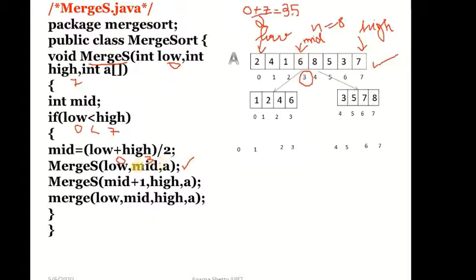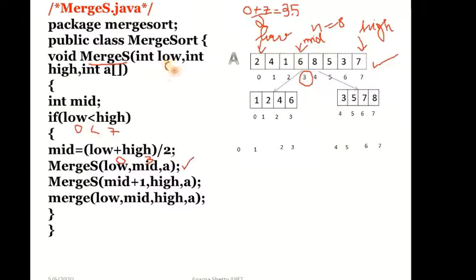Now when you call merges 0 to 3, low value will be 0. Okay, I'll erase. Now if you see here, you have called merges with 0, 3, A, no?